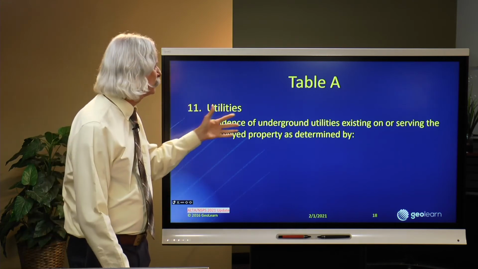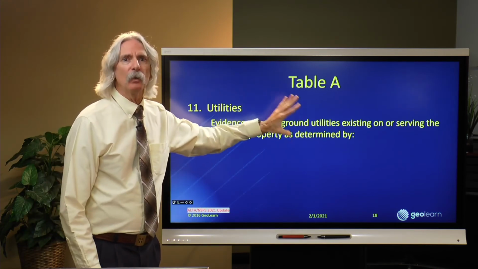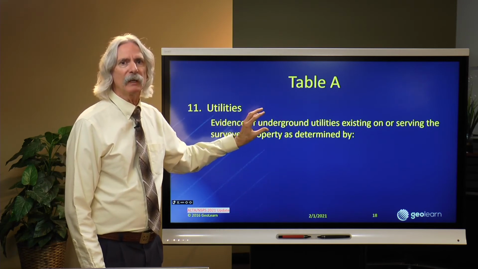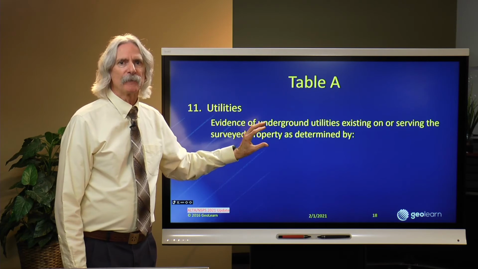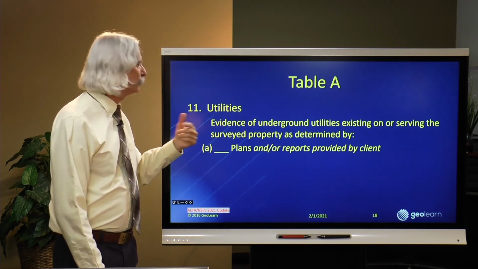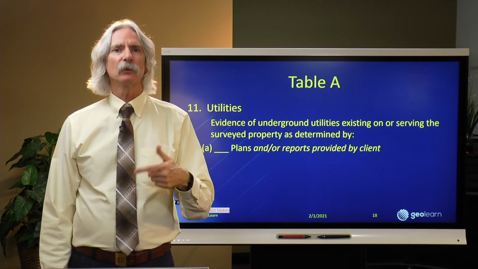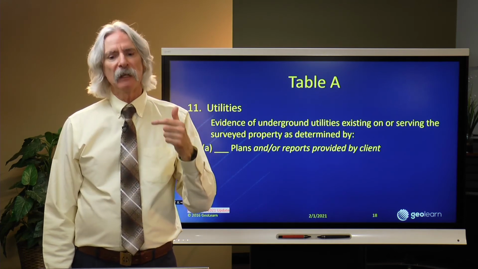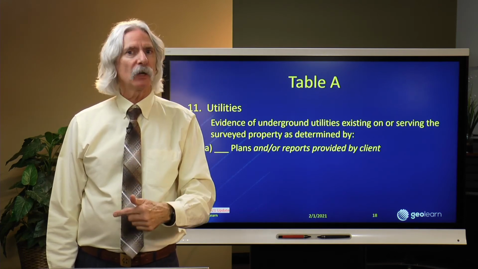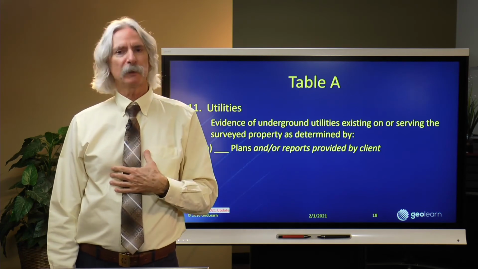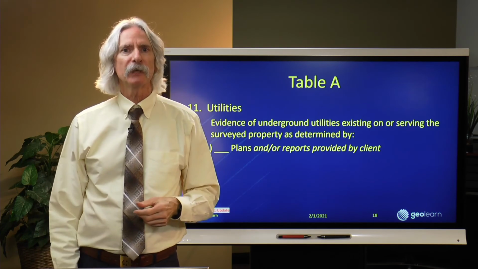So we're trying to say, if that's all you want, you don't need to request anything here because we've already provided that information, right? So beyond that, we now have two choices. One is plans and/or reports. So utility plans or utility report provided by the client. That's an option. They can check that off and the surveyor's response is, okay, where are the plans? You need to provide those to me.